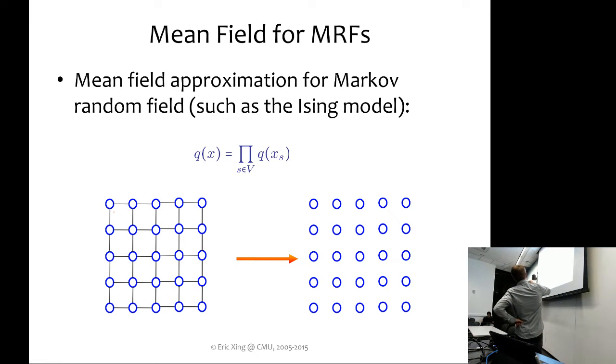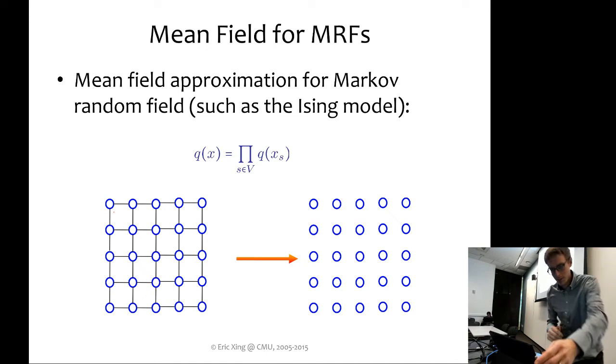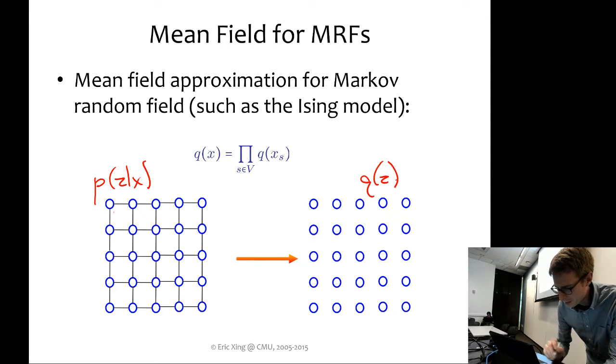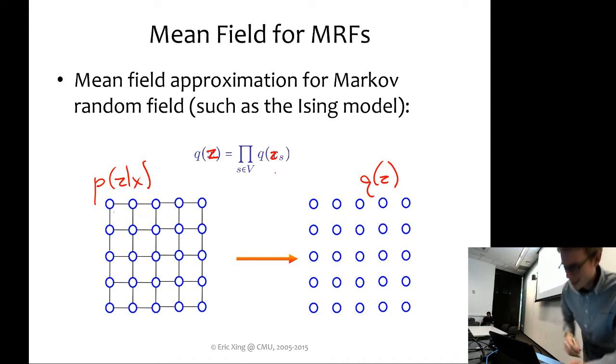So we could get back an approximation of that Markov random field simply by removing all of the edge factors. Okay, so what we would be left with are only node factors, or node potentials. So let's call this P of z given x, and this over here, Q of z. And then let's just change these x's to z's here.